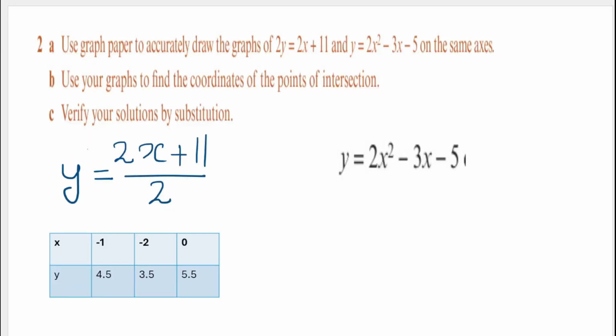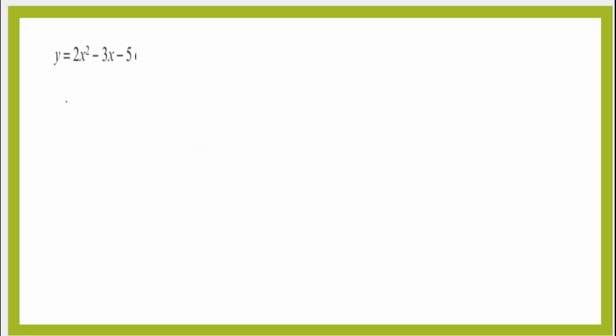Now let us try to sketch the graphs of 2y is equal to x plus 11 and y is equal to x square minus 3x minus 5 on the same axis and try to find out the points of intersection. First of all, try to find out the table values corresponding to y is equal to x plus 11 by 2. Now consider the quadratic equation y is equal to x square minus 3x minus 5.